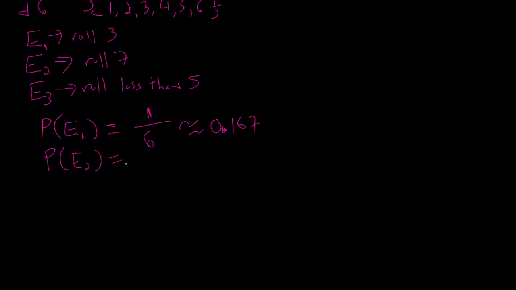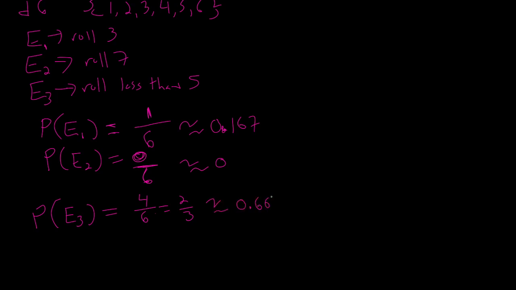There are 0 outcomes in that event. Never going to roll a 7. So that's 0. And then the probability of event 3, rolling less than 5, well, that's 1, 2, 3, 4, so there are 4 options there. And that gives me 2/3, or 0.667, or 66.7%. And so probabilities give a way of talking about the frequency something might happen, theoretically.